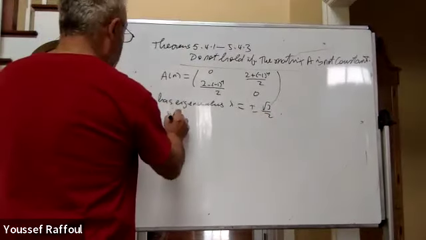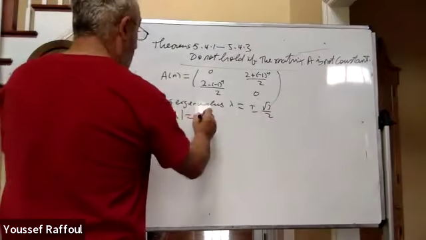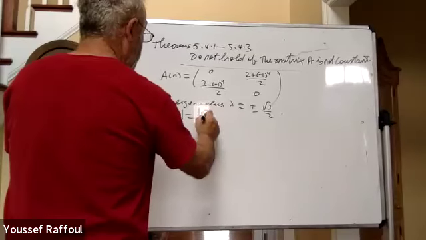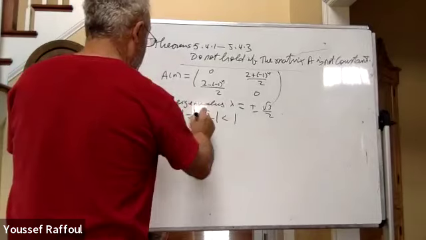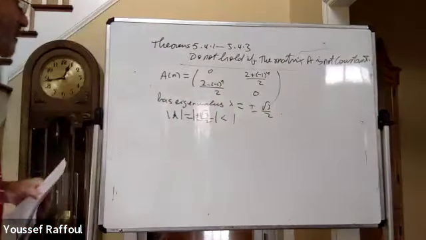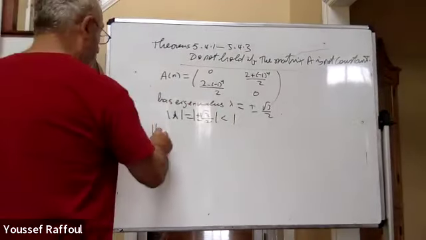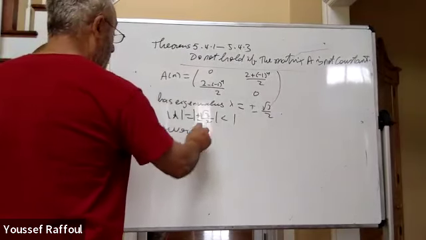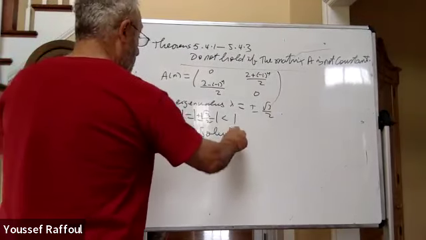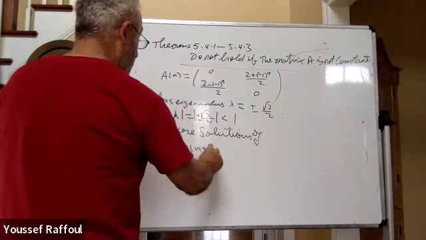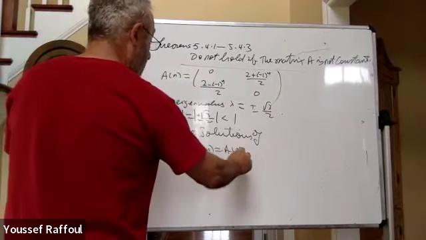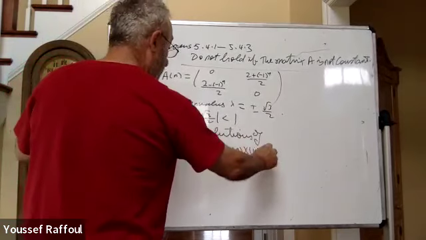So the absolute value of lambda is the square root of 3 divided by 2, that is less than 1. Right? However, solutions of x_{n+1} equal A_n x_n are unbounded.